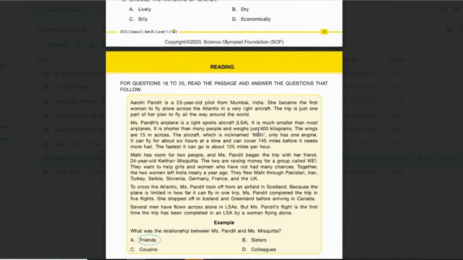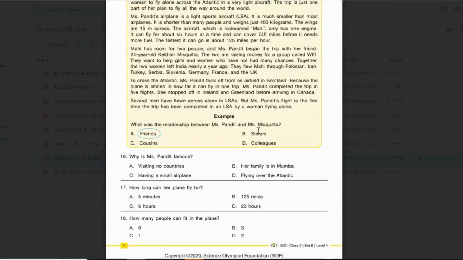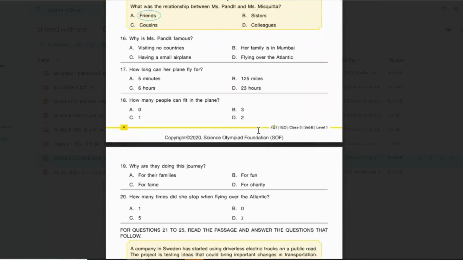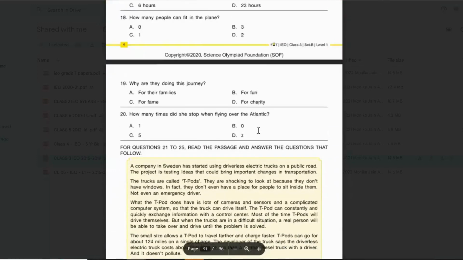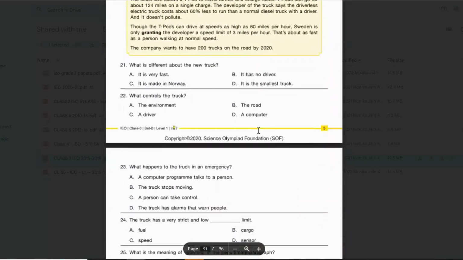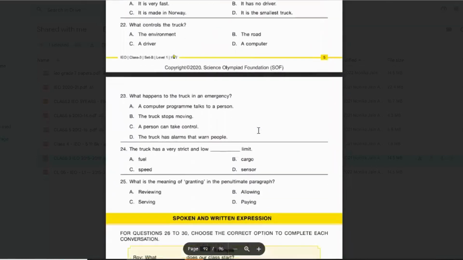For this paper we have two passages. We have to read the passage carefully and answer the questions. There are 5 questions from one passage and 5 from the second, so in total 10 questions from this second section.